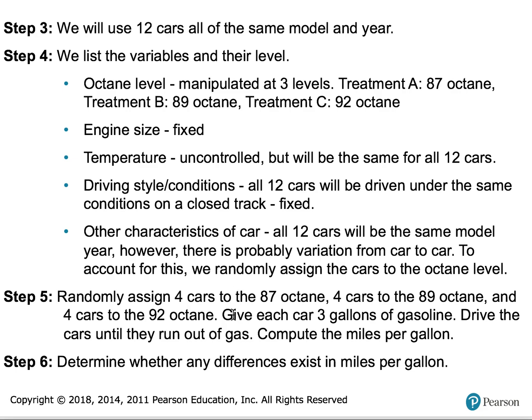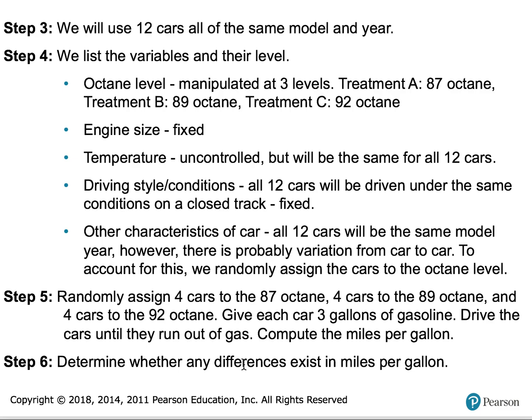Okay, step 5 is to actually conduct the experiment. So randomly assign 4 cars to 87 octane, 4 cars to 89 octane, 4 cars to 92 octane. Give each car 3 gallons of gas, drive the cars until they run out of gas, compute the miles per gallon. And step 6, test the claim.